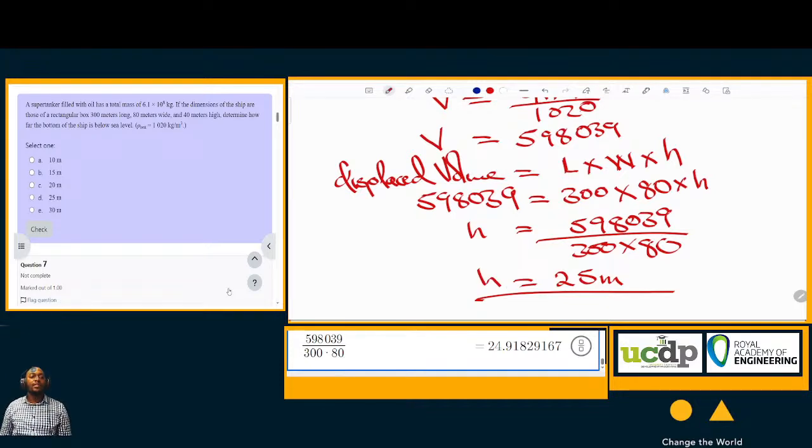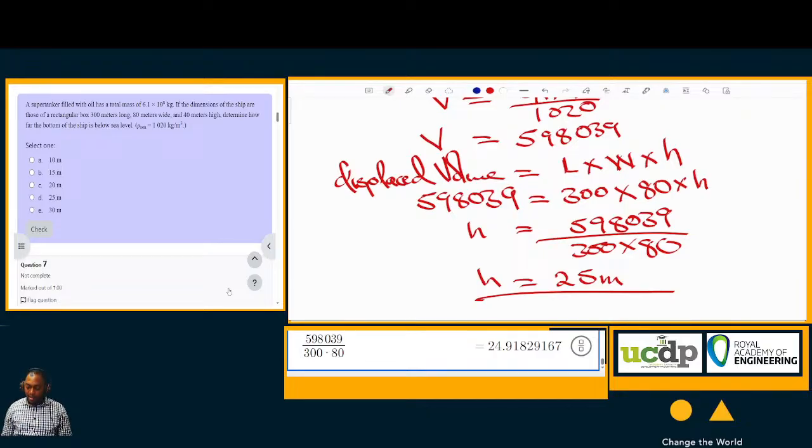Which means the distance of the ship that is below sea level would be 25 meters, which means only 25 meters of the 40 meters is in water.